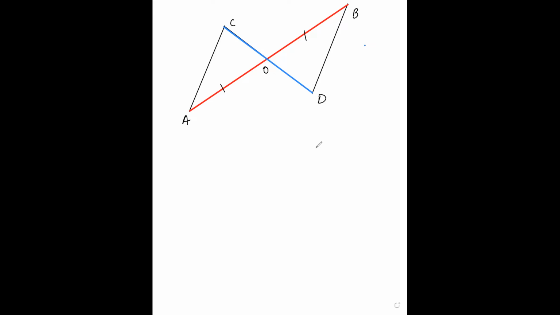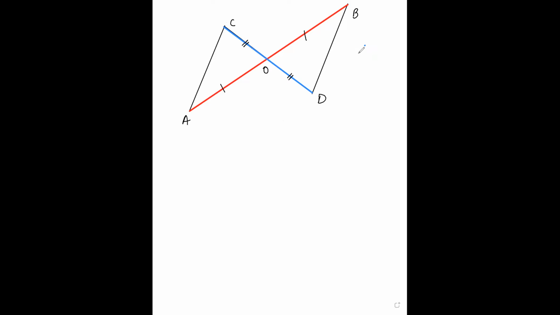They bisect each other, so that means AB is also bisected, divided into 2 equal halves, and CD is also bisected, divided into 2 equal halves. So this half will be equal to this half. That's why we put 2 dashes over there, so that it denotes that the 2 parts which have these 2 dashes, this and this, they are both equal.